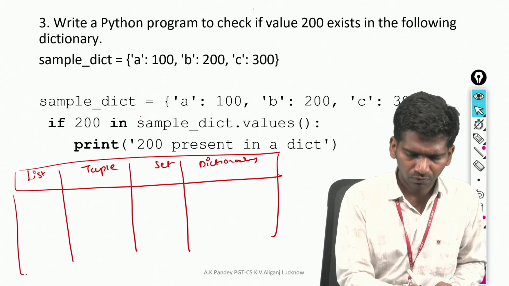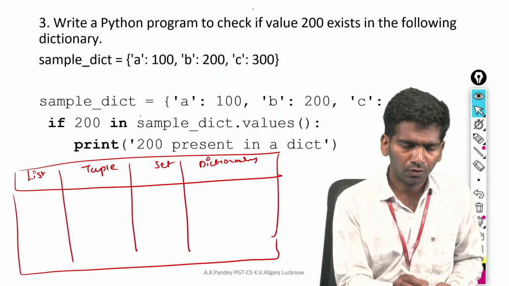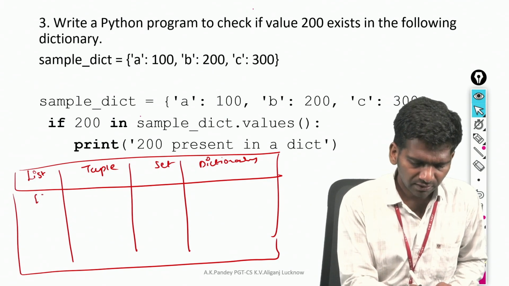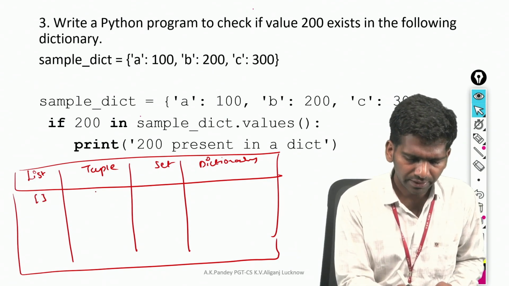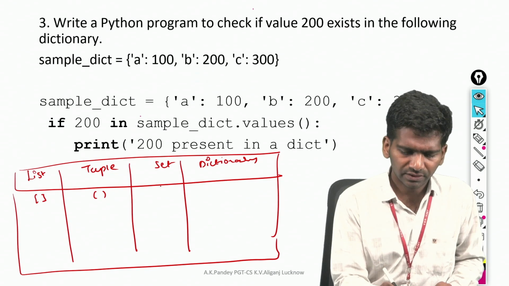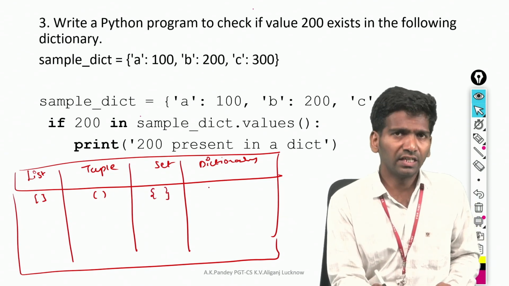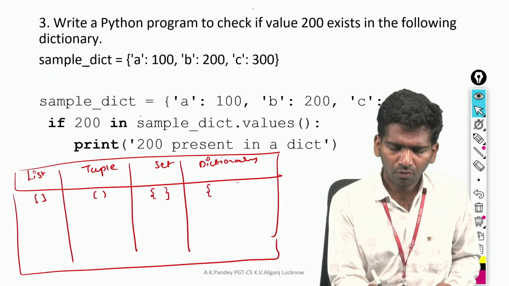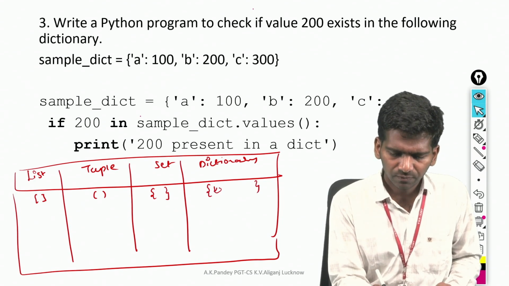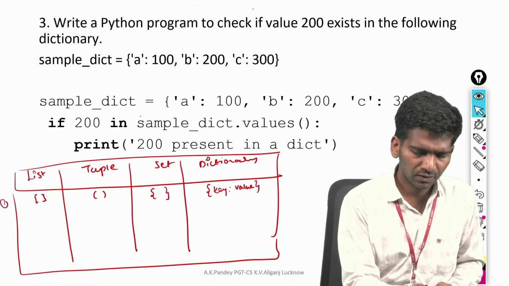Lists are indicated with square brackets, tuples are indicated by round brackets, set is indicated by curly brackets. Dictionary is also indicated by curly brackets but with key value. This is the first difference.